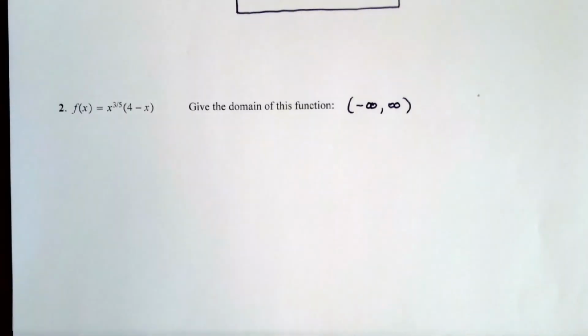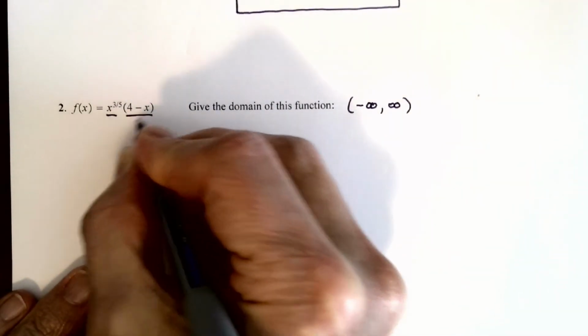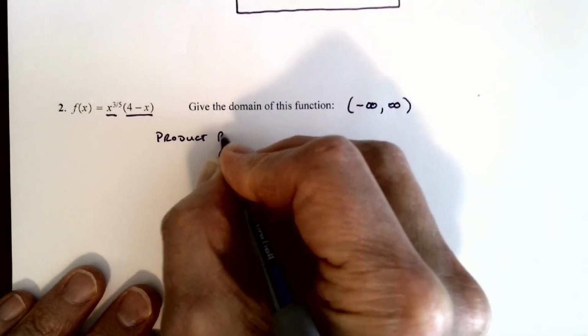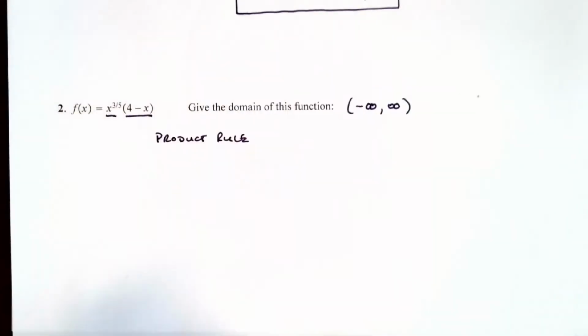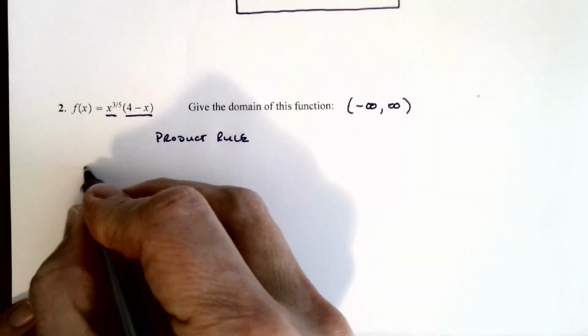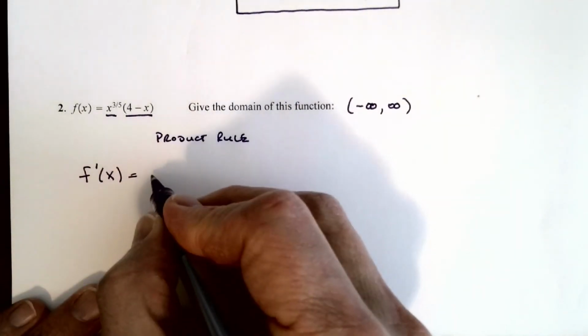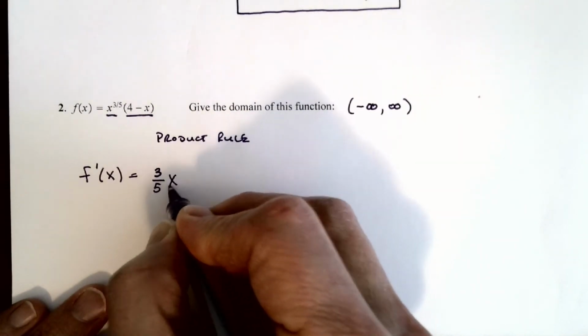So what rule will I have to use to find the derivative for this function? Well, I've got a product, so I have to use the product rule. Technically you could distribute this through and not use the product rule, but I'm going to go ahead and use the product rule. The derivative of x to the 3/5 is 3/5 x to the what?